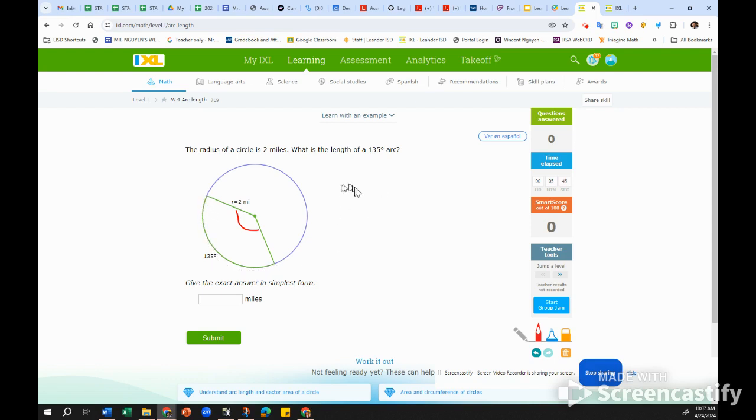So let's use the formula here. The length is equal to the measure of the central angle. I call it m. Now, some other formulas might call it differently, but I call it m, which is the measure of the central angle, divided by the whole entire circle, which is 360, and then multiplied by the circumference, which is 2 pi r.